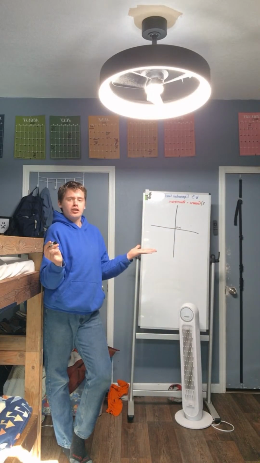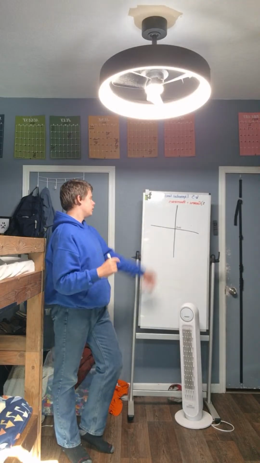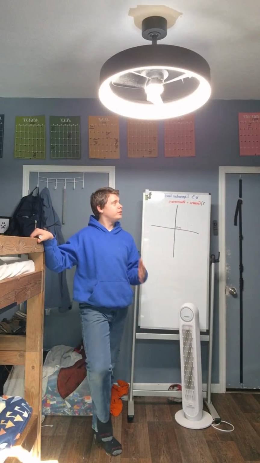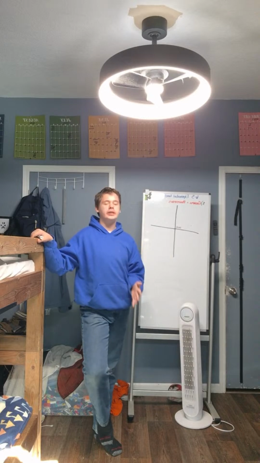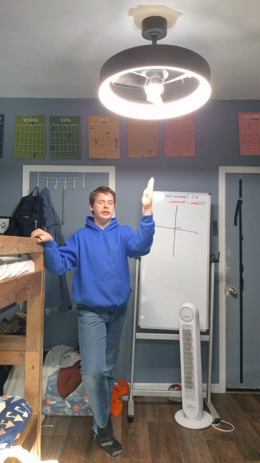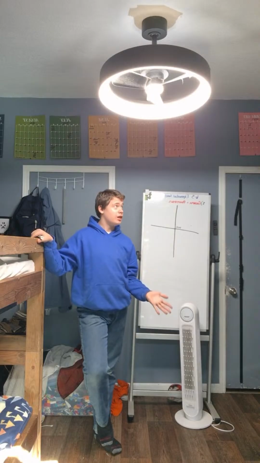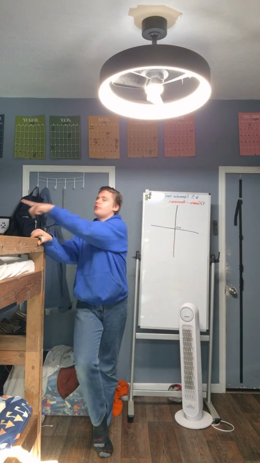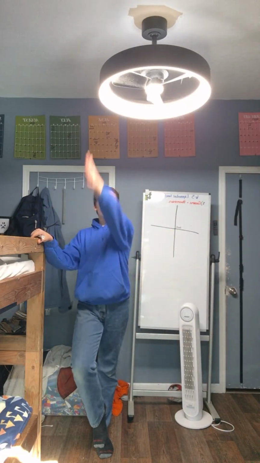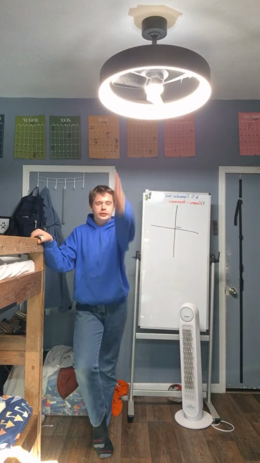Why would it be 0, 0? Well, the x-axis and the y-axis touch each other. So left and right will be the x-axis, and up and down will be the y-axis.